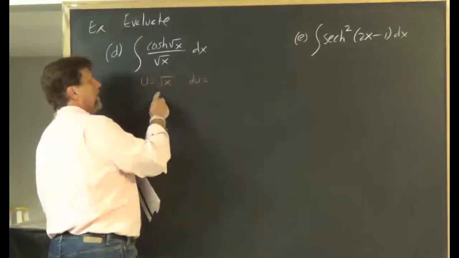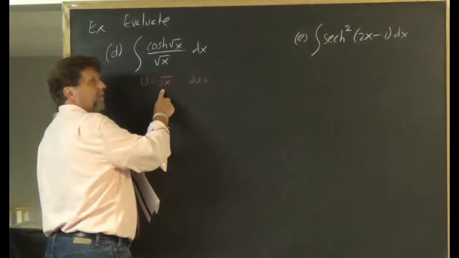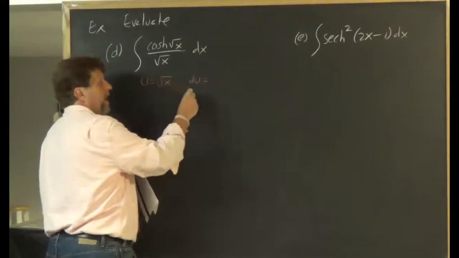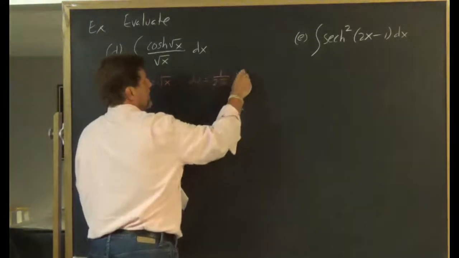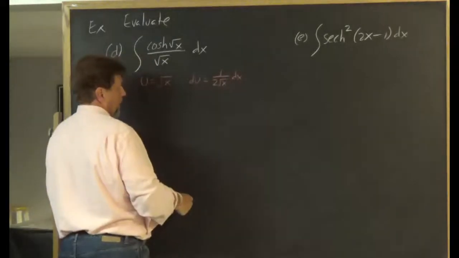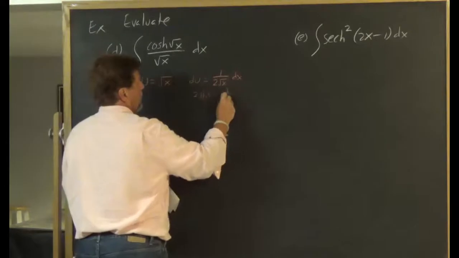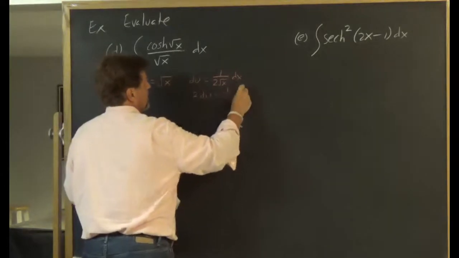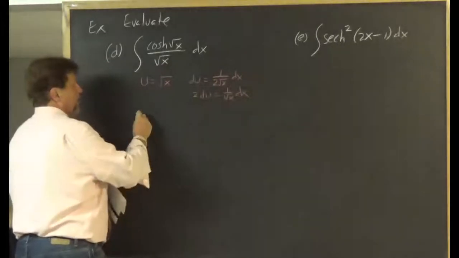Okay, du is, the derivative of square root x, that's x to the 1/2. The derivative is 1/2 x to the negative 1/2. That's 1 over 2 square root x, which means 2 du is 1 over the square root x dx. So see how that helps me?